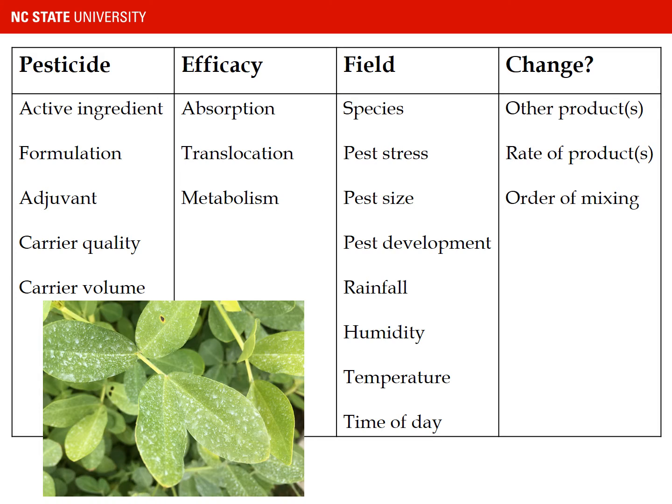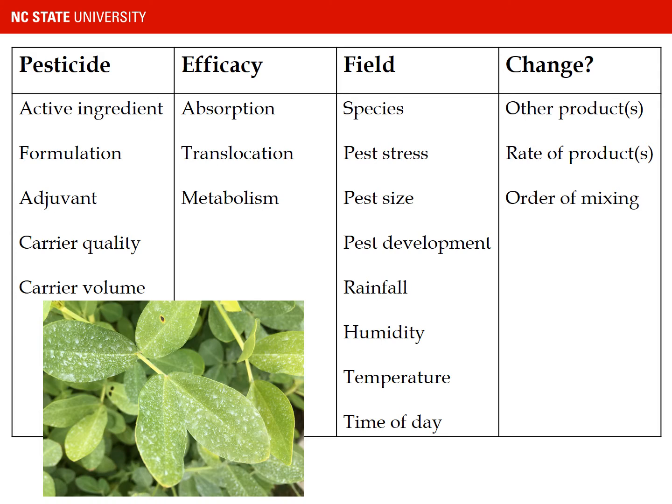And again, this is something that your instructors will have talked about to a great degree. The active ingredient in a formulated material is important. That's what does the actual activity on the pest that you're trying to control and the causal agent of that. The formulation can vary.